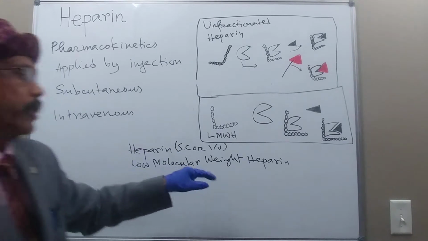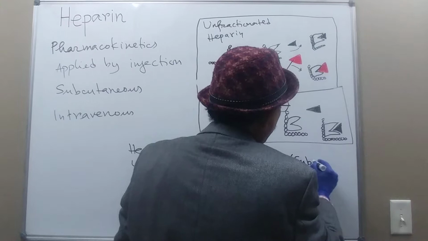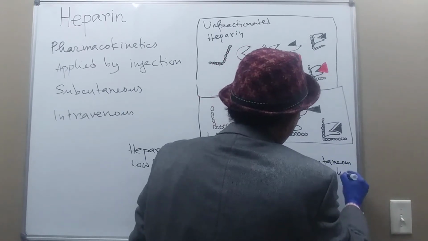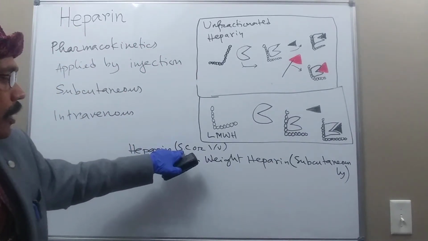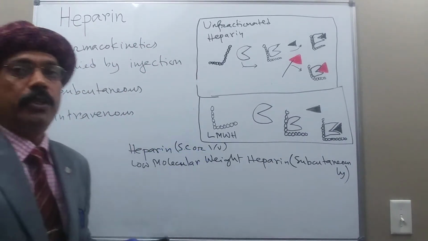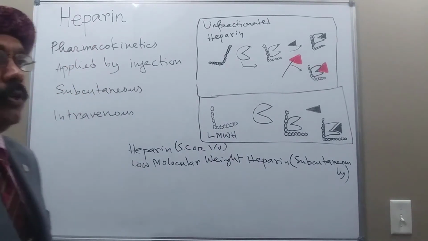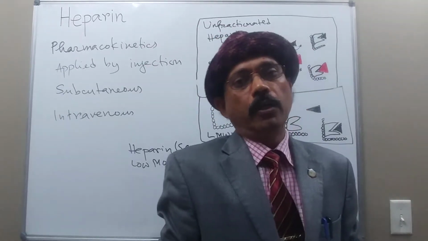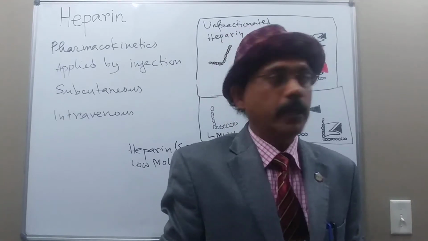Low molecular weight heparin is used subcutaneously. We don't apply heparin by intramuscular injection because it will cause hematoma.